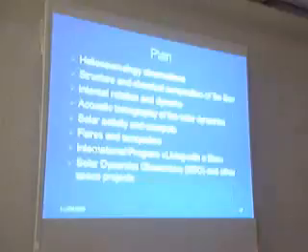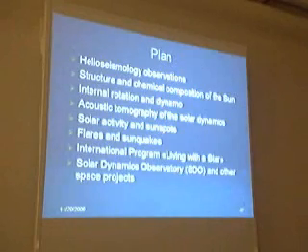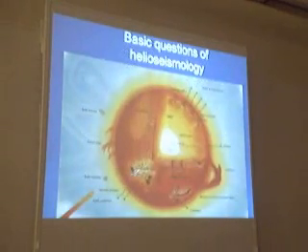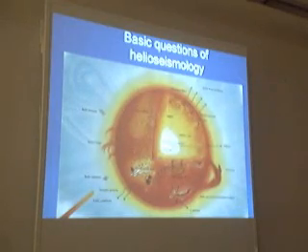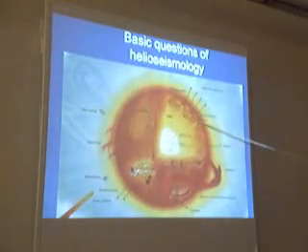The purpose here is mostly to understand the origin of magnetic fields and the origin of sunspots, and I'll briefly review what we know about the sun. These are the structures we believe exist in the solar interior. The core has nuclear reactions at 15 million degrees, and then energy is transported by radiation.